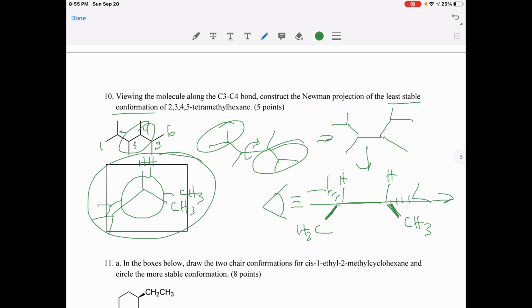These two isopropyl groups are totally eclipsed, these methyl groups are totally eclipsed, and that causes a lot of steric repulsion, causing this to be the least stable conformation of 2,3,4,5-tetramethylhexane.